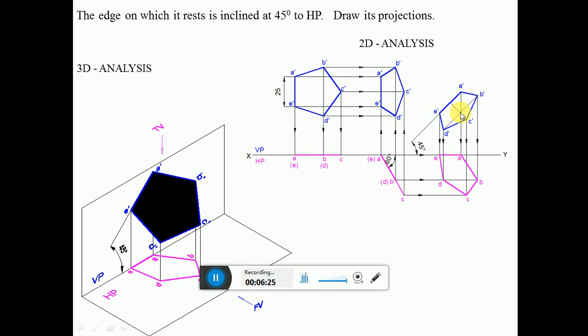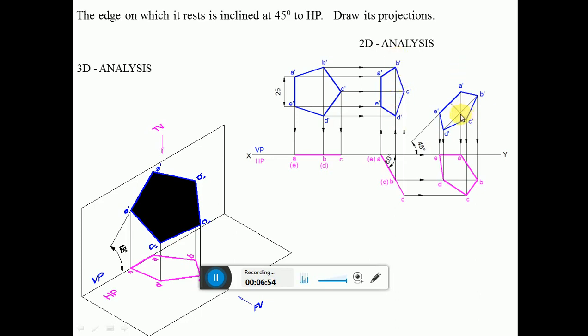Once you get this point, you can see from this point this line is perpendicular to this line. So from this point, by using a protractor you measure an angle of 90 degrees with respect to this line and draw a perpendicular line here. Again from this point you measure the length from this point to B dash, and from this point to D dash, both are equal.